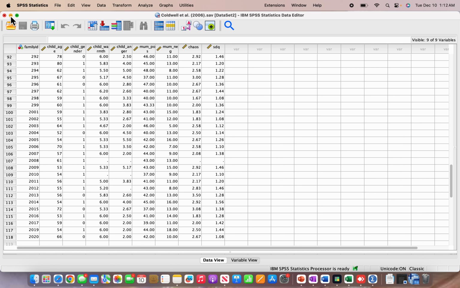For number 4, the fourth question, yes, the residuals meet assumption of normality, constant variance, and independence.